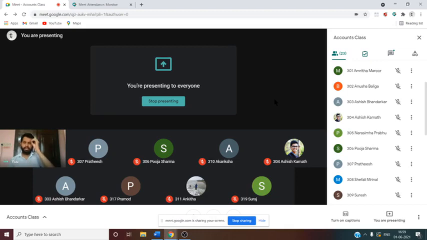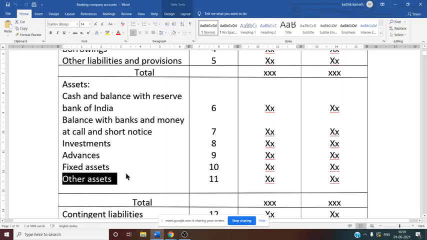Here the bank can give the loan for any other type of asset. Usually such assets are not required by the bank, and such loans are taken by the other party. So that you can consider under what? Other asset you can say, or else you can say non-banking asset. Banking asset in the sense such asset which is required for the day-to-day operations of the bank. So that is known as banking asset. So non-banking means other than banking activities. So that comes under other asset.